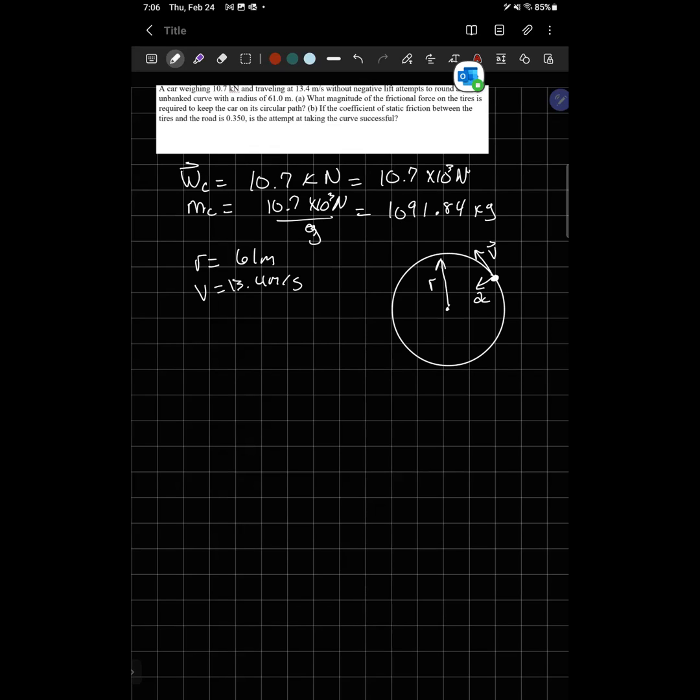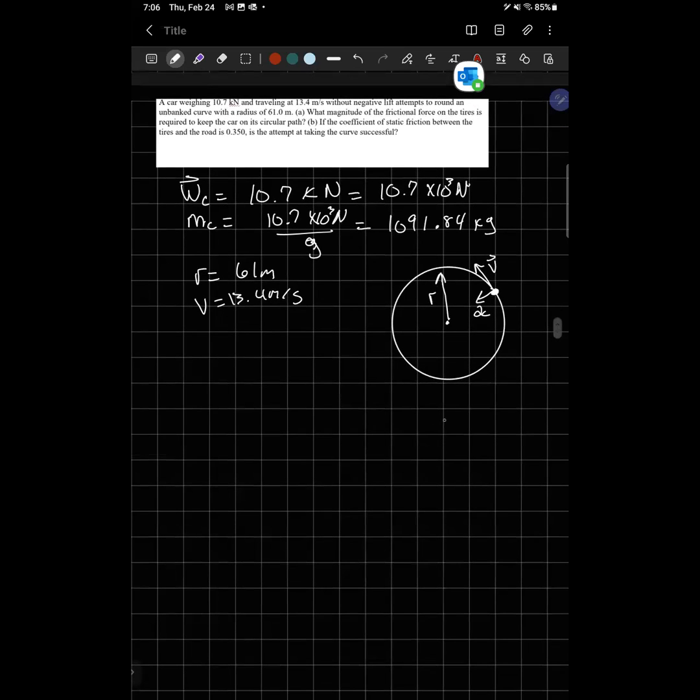So, looking at it from a rear view perspective: friction, and then it's going forward.